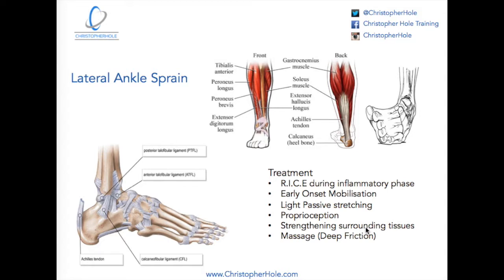It could be elevated and you're just moving your foot back and forwards. Some light stretching, some proprioception, so just working on making sure that the stability of your ankle is still there. Some strengthening exercises. And then during all of this, you want to be getting some sort of manual therapy. Again, it doesn't matter which one it is, but thinking about things like deep frictions around these ligaments on the outside of your foot.